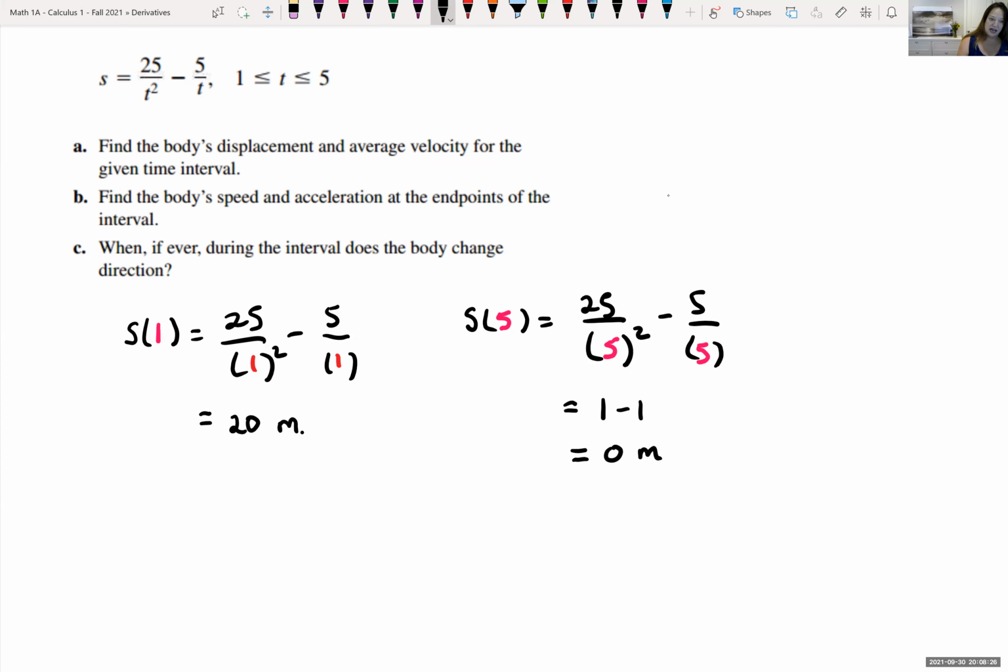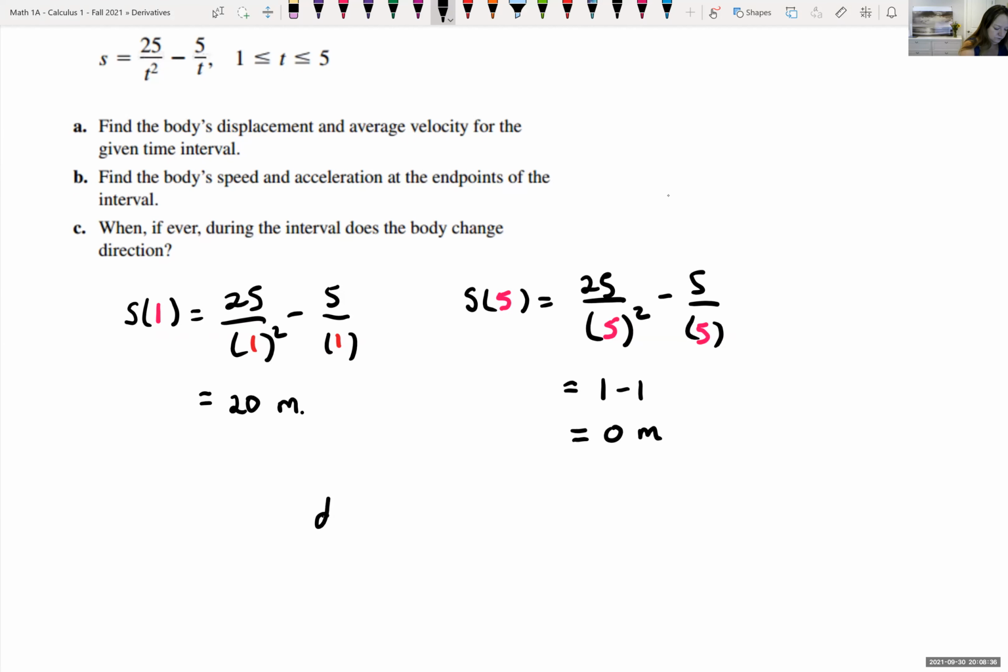And so if we look at the displacement, we've gone 20 meters. But if I look at it as the ending position minus the starting position, this is going to give us back negative 20.